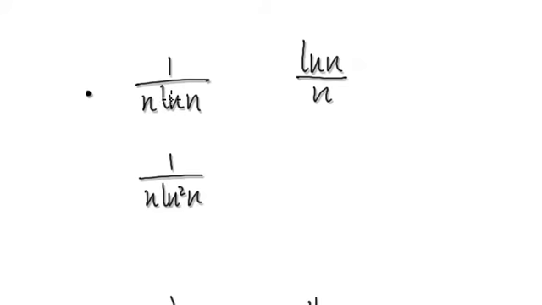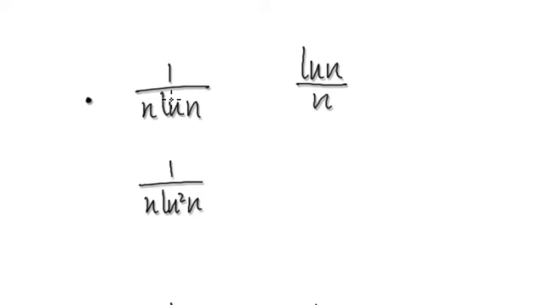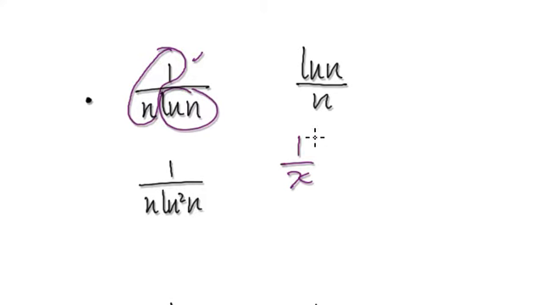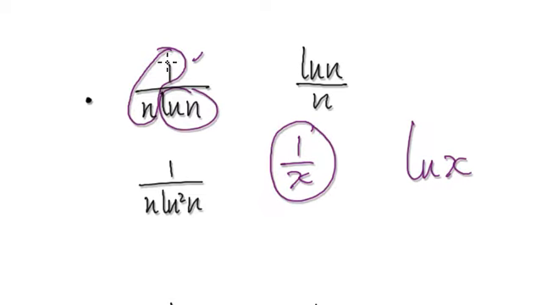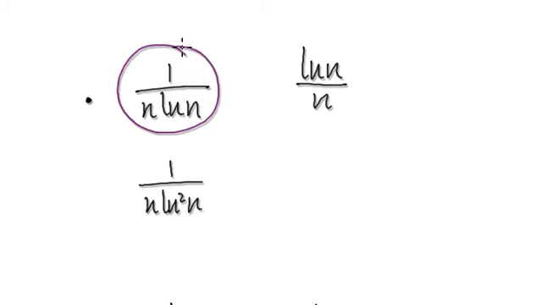Okay? And something else that you should keep an eye out for is something like this. If you look at this, 1 over x is the exact derivative of natural log of x. So if you have something like this, then you could easily integrate this.